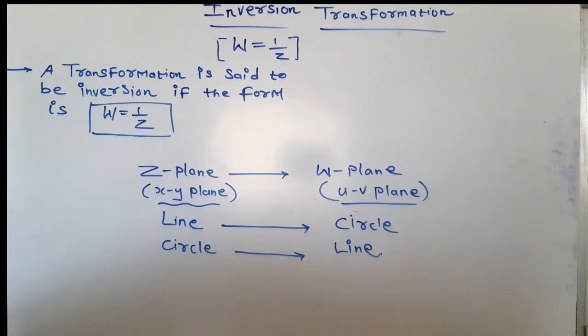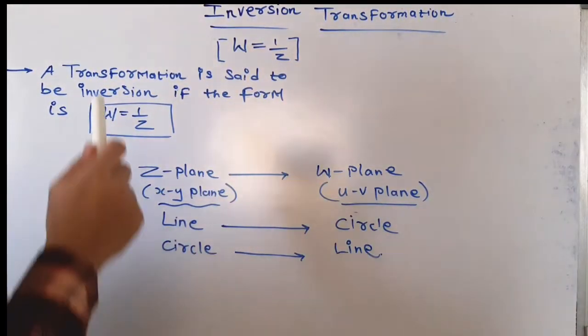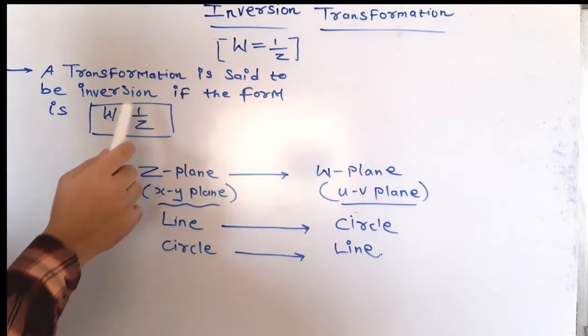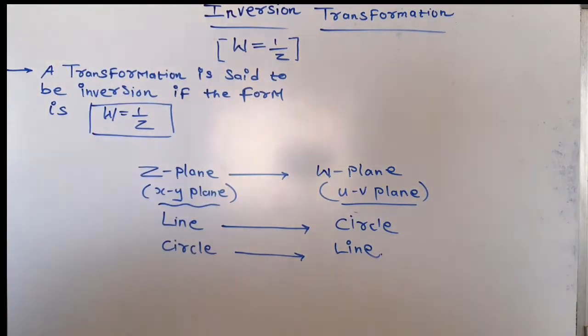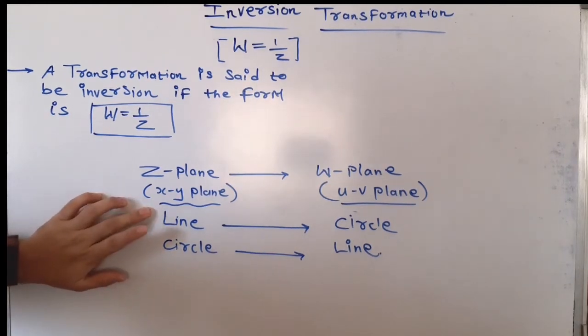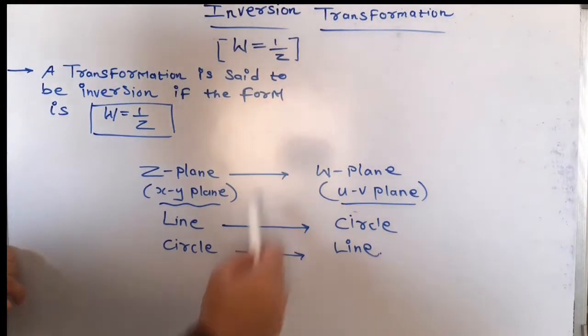So now we will discuss the inversion transformation. What do we mean by inversion transformation? A transformation is said to be inversion if it is of the form w equals 1 upon z. This inversion transformation is used to convert a line given in the xy plane to a circle in the uv plane, that is the w plane.